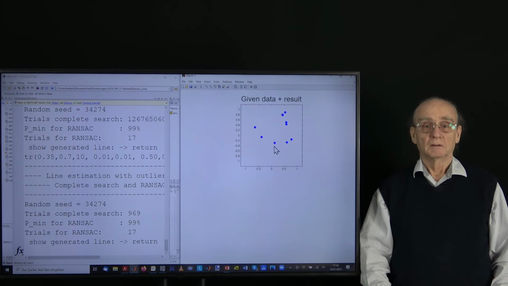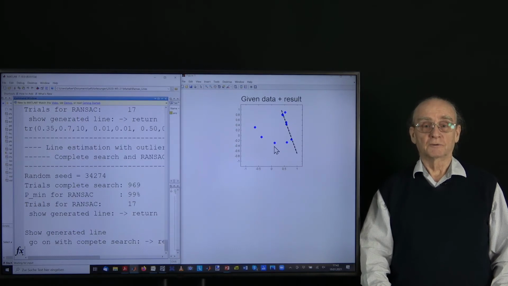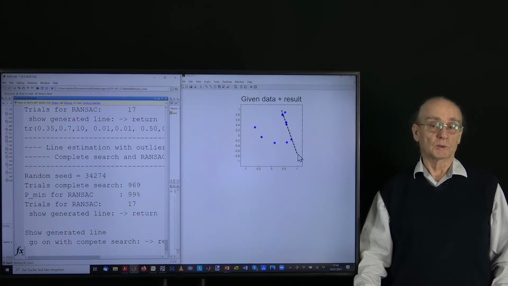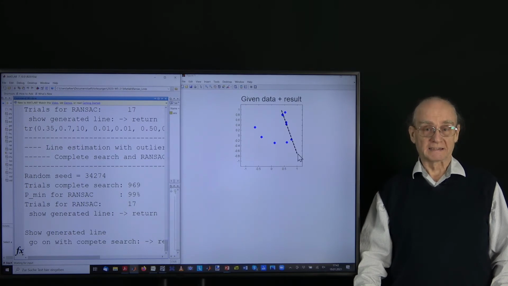So actually the data are generated the following way. We produced a straight line, the true value for the straight line. Then we chose 5 points on this line randomly, and then we chose some 5 points in this unit square, -1 to +1.